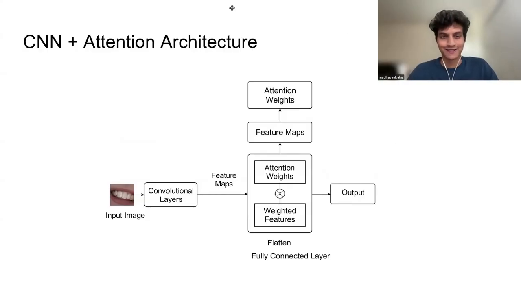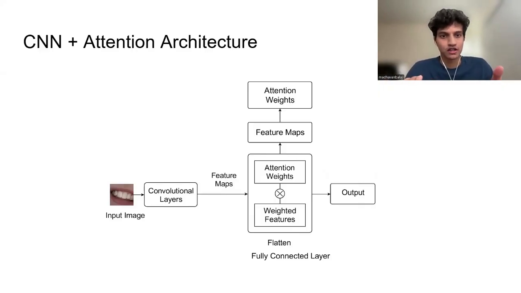So in the CNN plus attention architecture, the input images go through several convolutional layers. Here, the model learns basic patterns like edges, colors, and textures that are common in dental images. Not every part of the image is equally important.